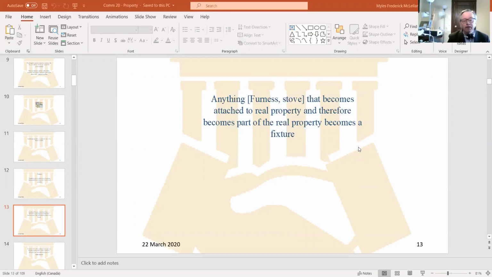And these furnaces, in fact, are screwed, basically have bolts in them to the cement floor or whatever the flooring is, in the house itself. So once it is bolted to the floor in a house, it becomes part of that house. So therefore, that house, which we know is real estate, right, now has a fixture forming part of that real estate.